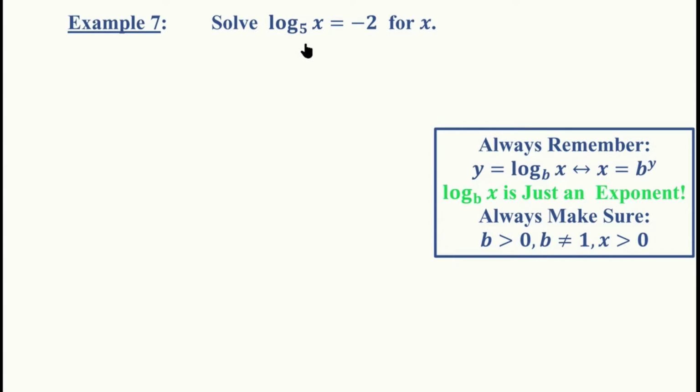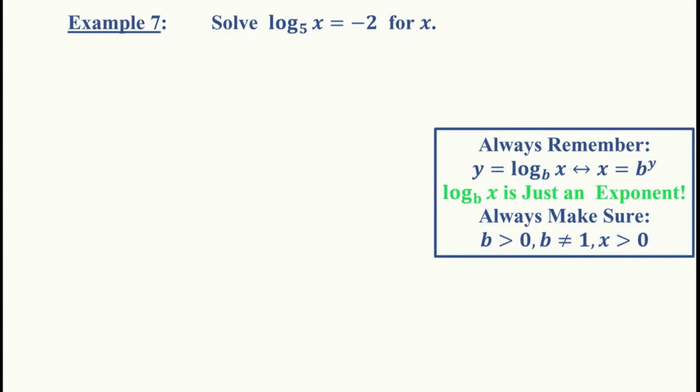So here we have an equation for the first time, in the sense that we're solving. So far, we've just been converting. To solve these, the easiest thing is to go to a more familiar format, which is the exponential format. So we'll go ahead and write this equation in exponential form.